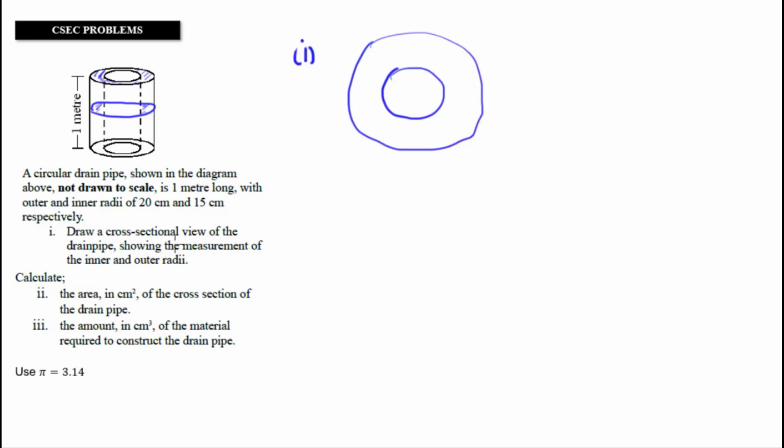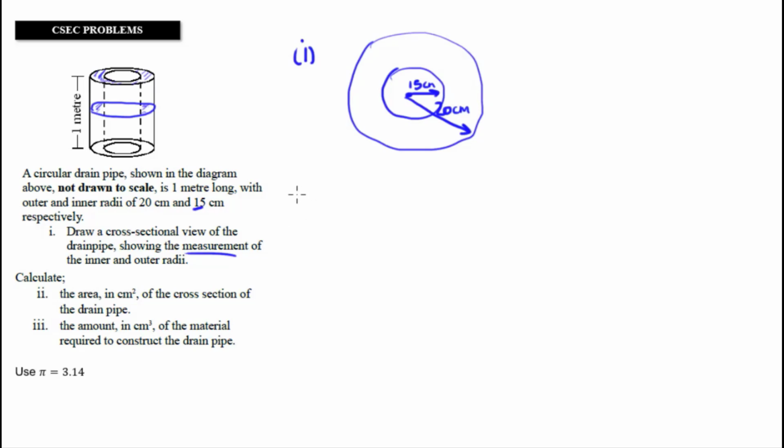So this would be our cross section, and we're showing the measurement of the inner and outer radii. The inner radius is the radius of the inner circle, so the inner radius is 15 centimeters, and the outer radius is the radius of the outside circle, so that would be 20 centimeters. So this would be our cross-sectional view.